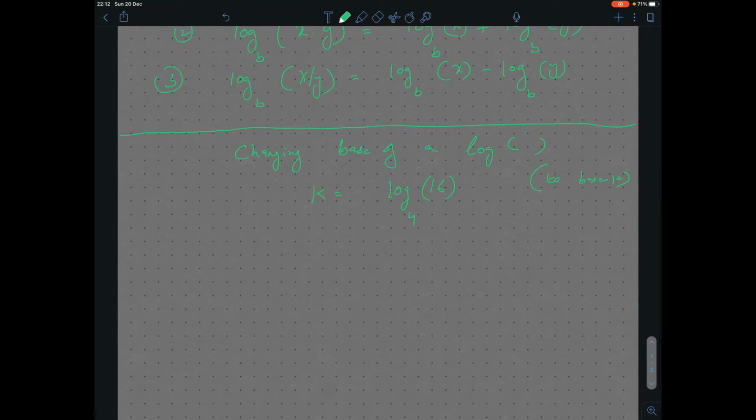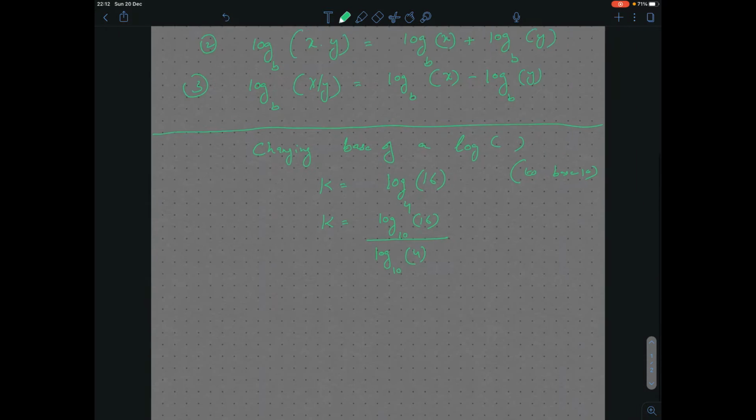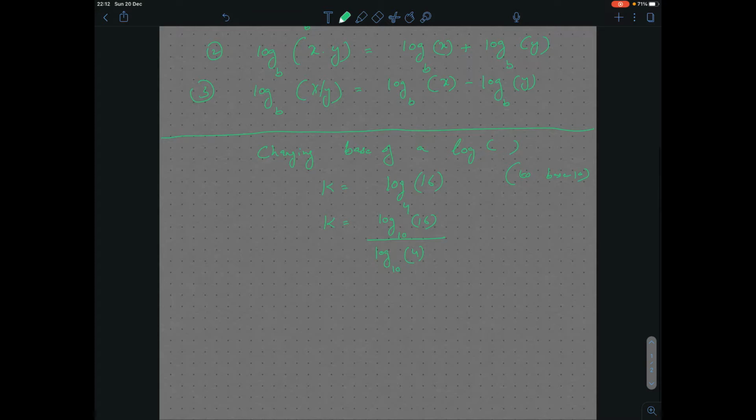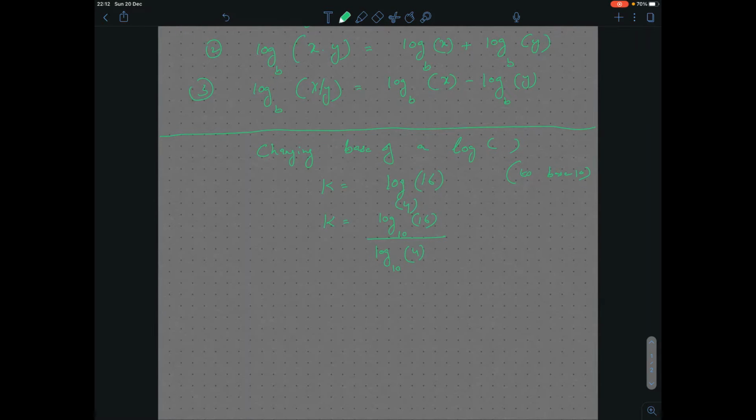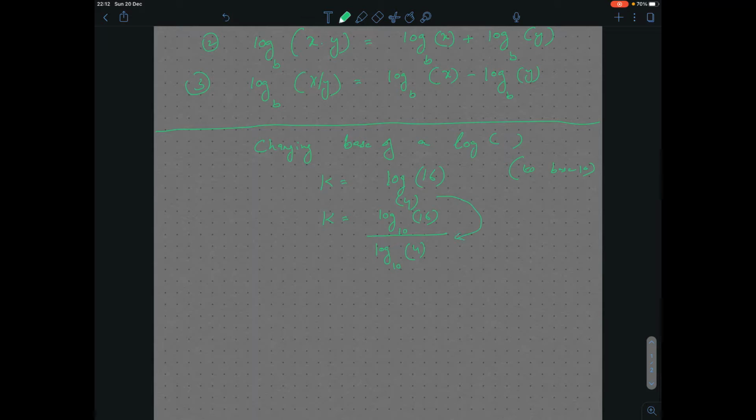So this can also be written as k is equal to log to the base 10 of 16 divided by log to the base 10 of 4. Basically what we have done here is that we converted the expression that involved a base of 4 to an expression that involves a base of 10 that we normally deal with. It's just easier to deal with a base of 10.